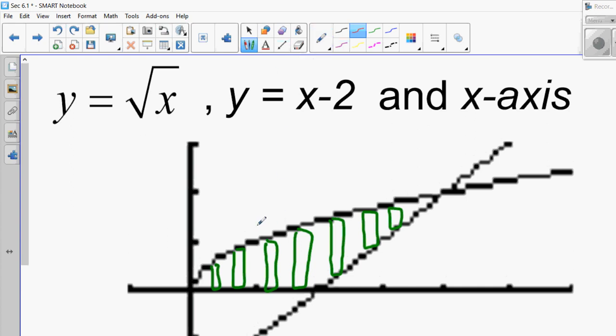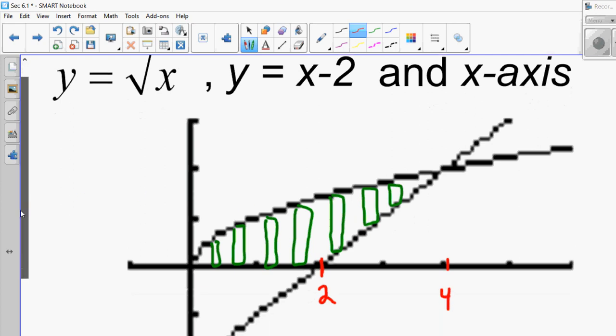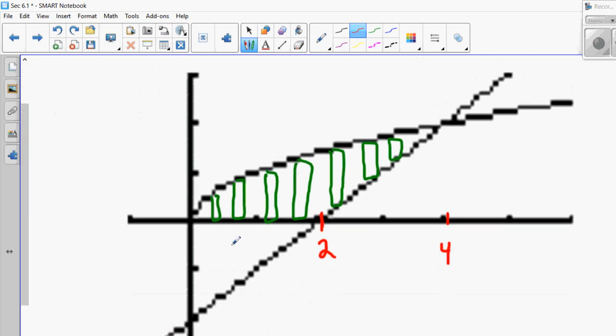Now, here, this is 2, and this is 4. So I need to split this up as one integral from 0 to 2, and that first integral is right here. That is just the square root of x dx. However, the second integral here is between the two functions.